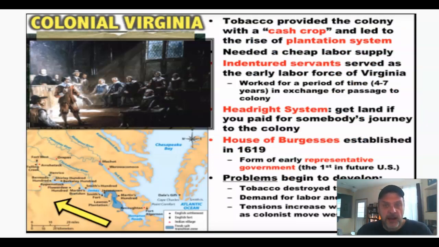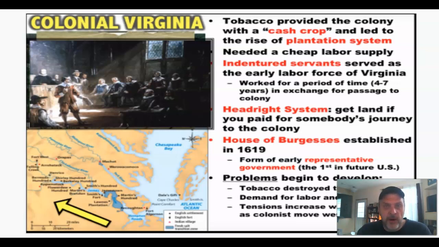When you see the term cash crop, it's a term that's used to describe the primary crop, the primary source of revenue. And remember, during this time, everything is agricultural based. There's no manufacturing really of any kind. It's not industry, it's all agriculture. So tobacco was the cash crop in the Chesapeake colonies largely. And eventually what this would do is it would lead to what was known as the plantation system.